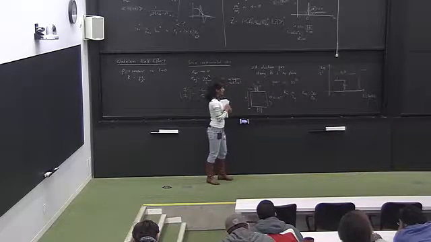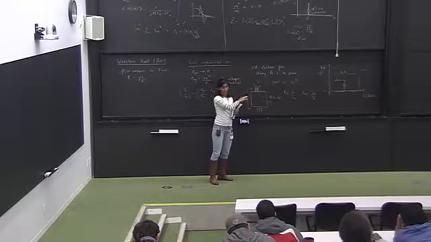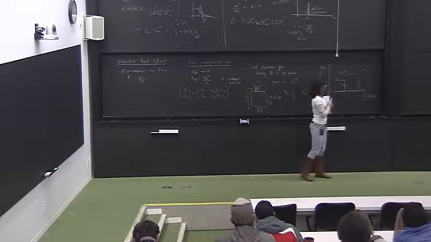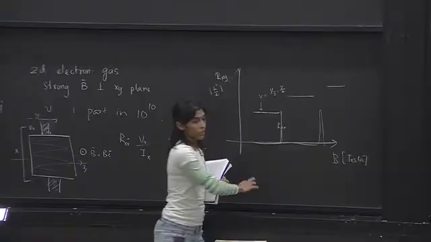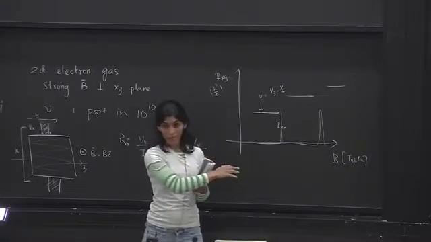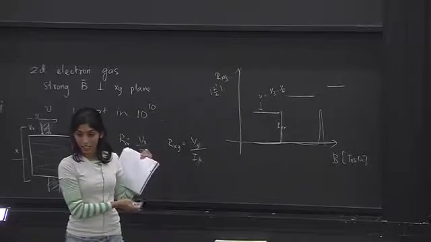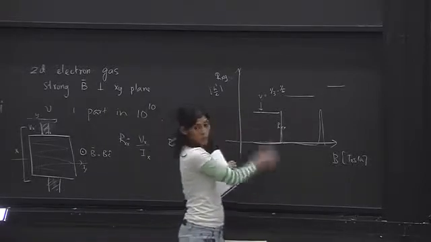And so this is what we're going to try to understand in the next, I don't know, 2.5 lectures. First I want to explain to you why this data is weird, right? As such, presented like this, it's like, okay, I don't know, maybe this is just what electron gases do. So I want to first explain to you why this data is weird.